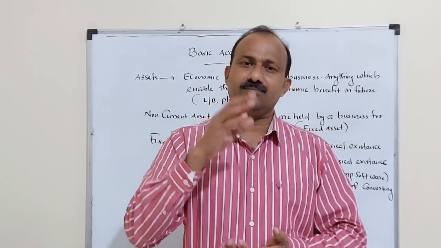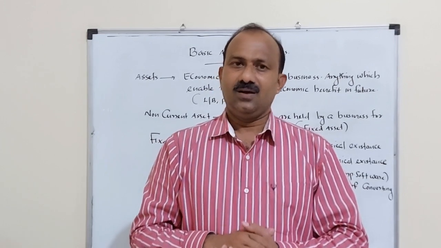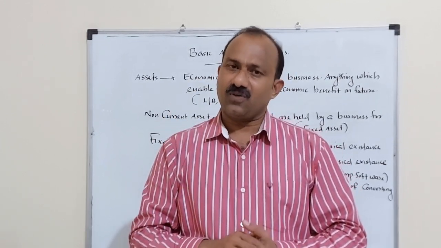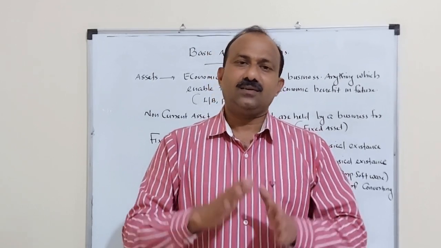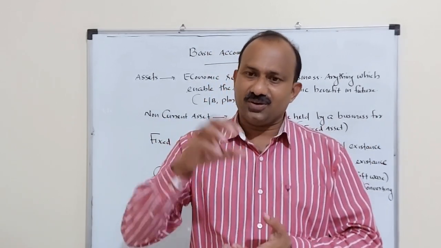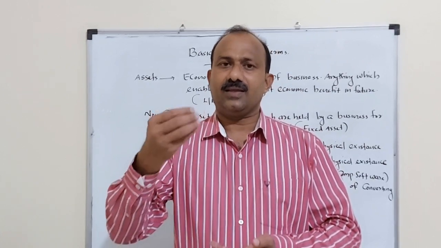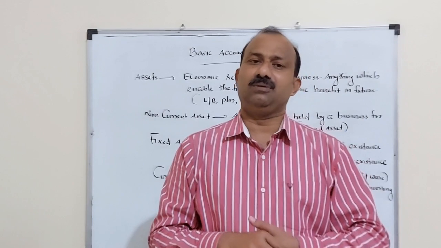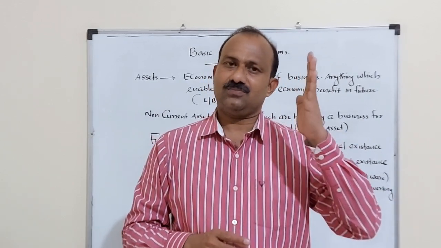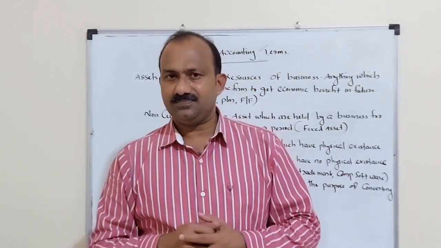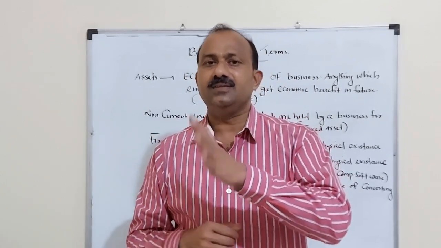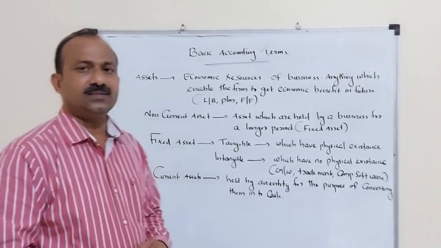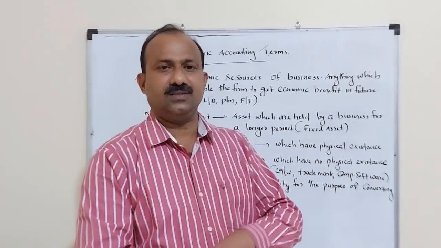Examples are goodwill, meaning the reputation value, computer software, trademarks, franchisee, etc. You cannot touch or feel them like land, building, plant and machinery. So assets are fixed assets and current assets, and tangible and intangible assets also.